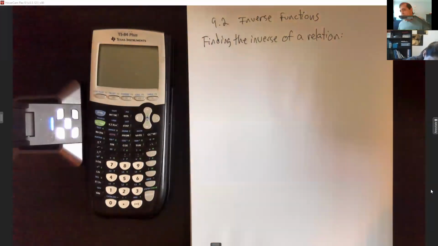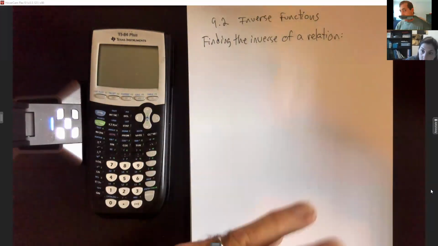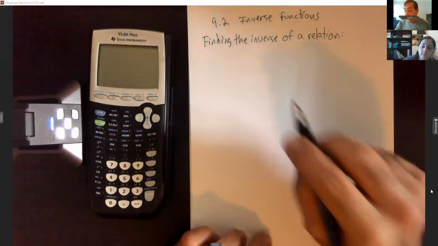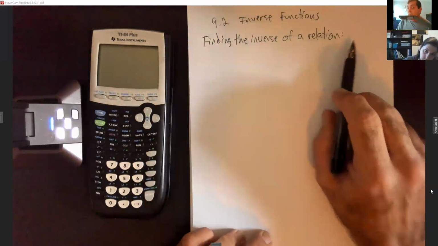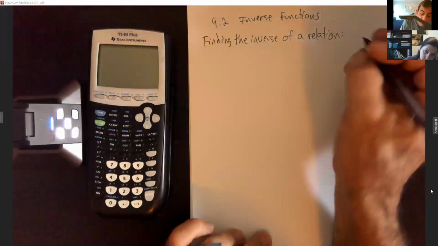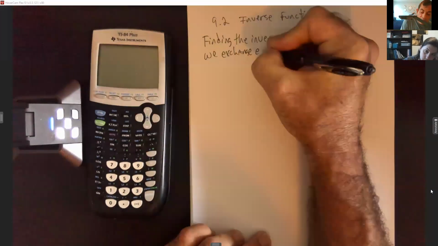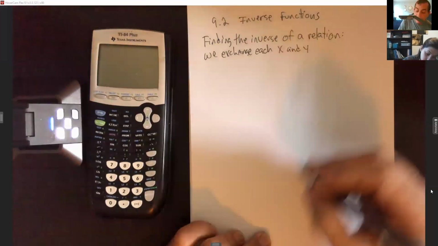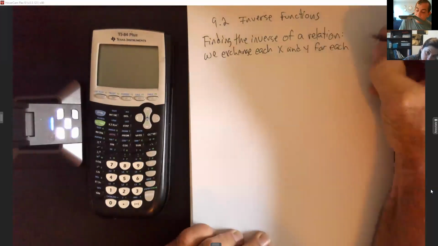And y'all, inverse is the undoing of an operation or the opposite of an expression. So the inverse of a relation, which is a set of ordered pairs, we find by exchanging each x and y for each ordered pair.